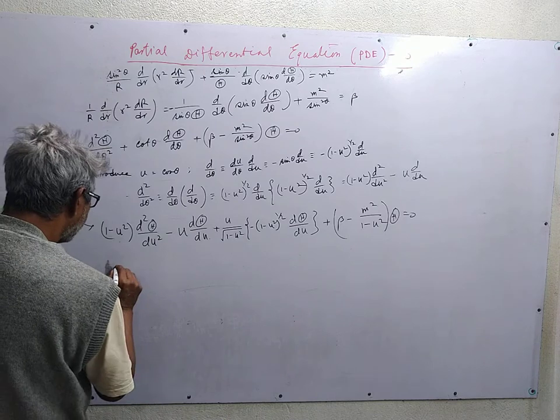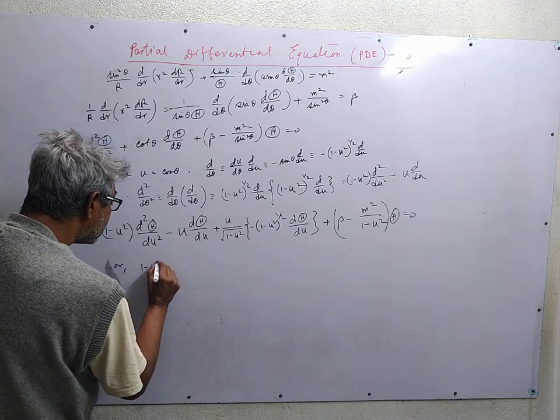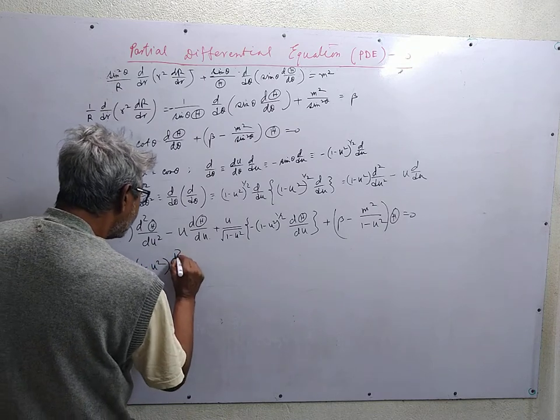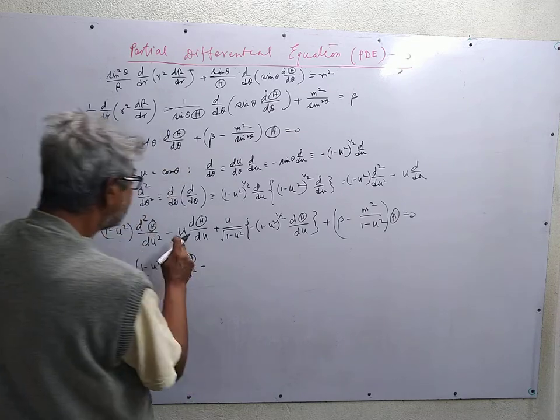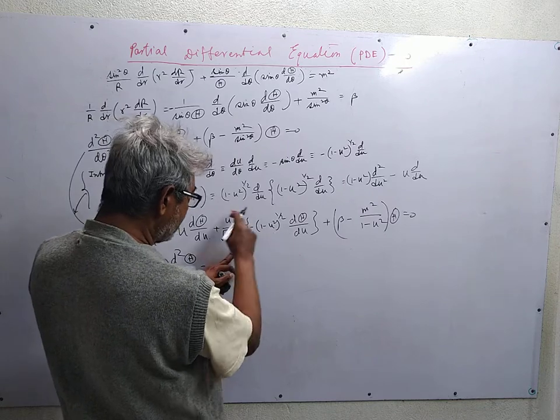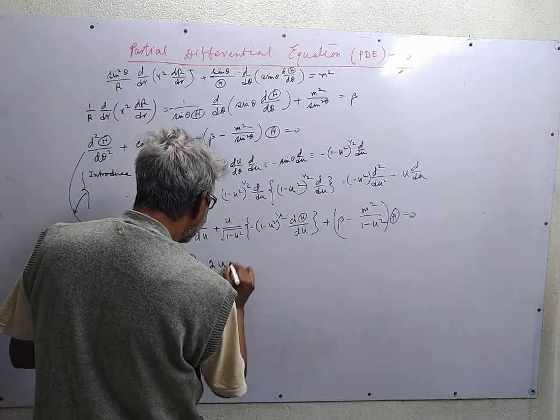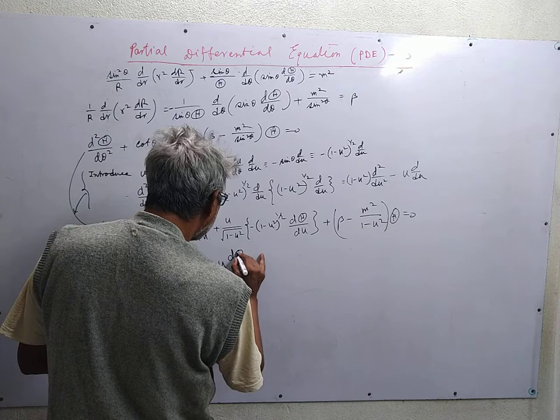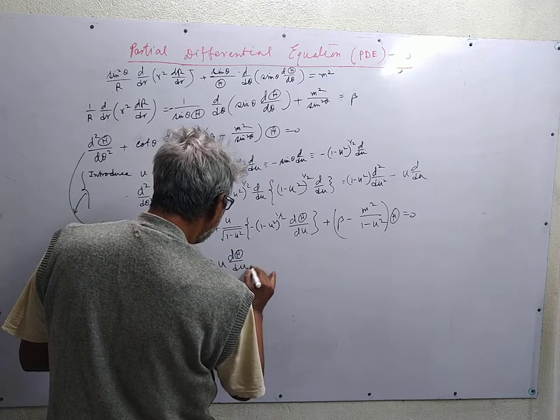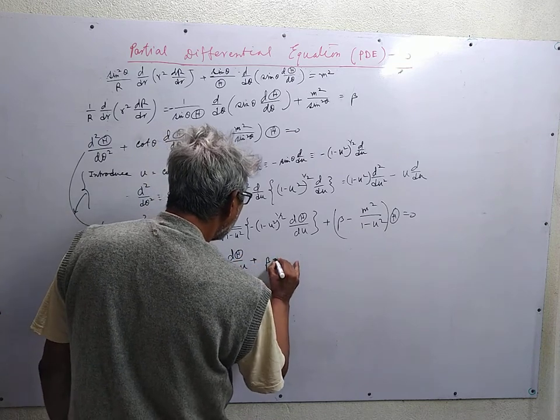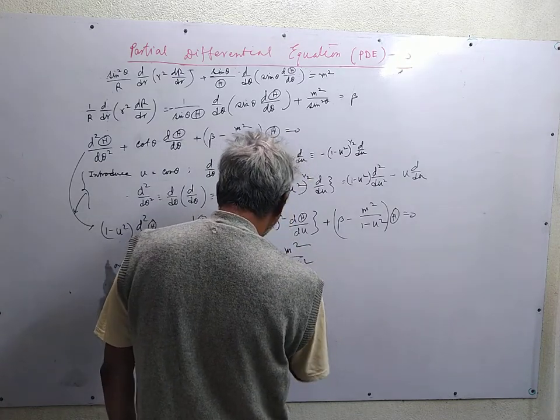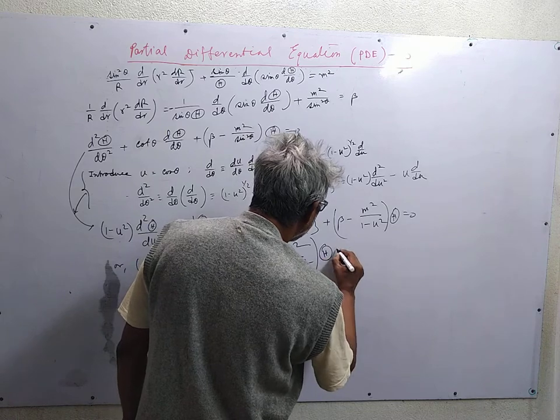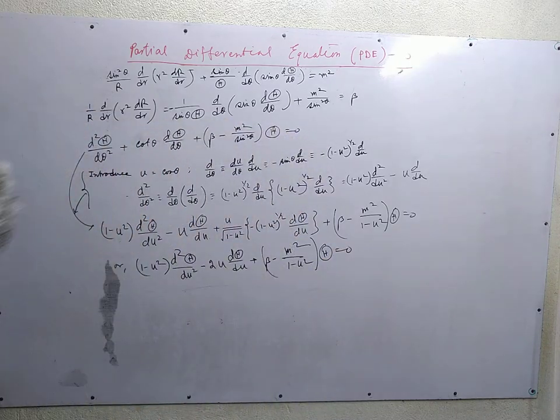On simplification, this becomes (1 minus u square) d2 big theta du2. This is minus u. Here it cancels with the given minus u. So minus u d big theta du plus [beta minus m square upon (1 minus u square)] big theta is equal to 0. Here big theta is treated as a function of u.